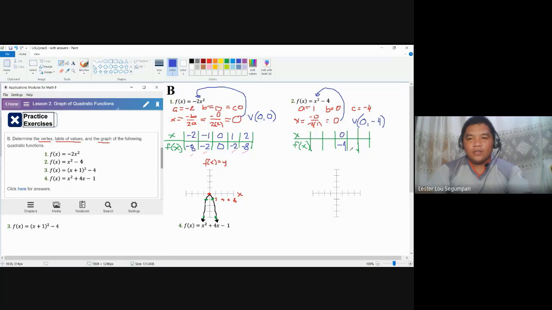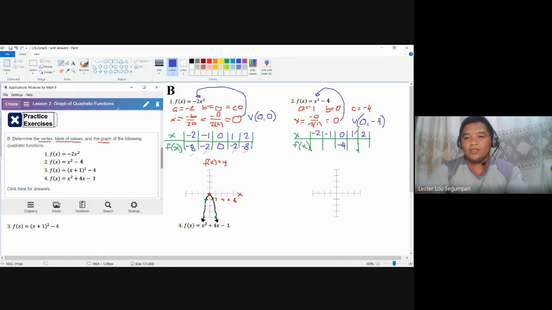And we choose the values of x by one step above and below 0, which are 1 and then 2. Here, negative 1, negative 2. Do not conclude that these are always the values you should use to make your graph. It depends on what your vertex is. Luckily, for number 1 and number 2, we have 0 for the x value of the vertex. That's why we have the same group of x values in our table.